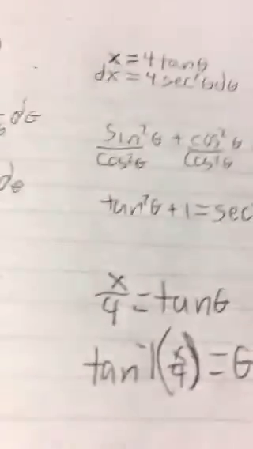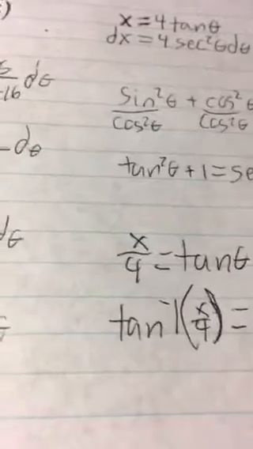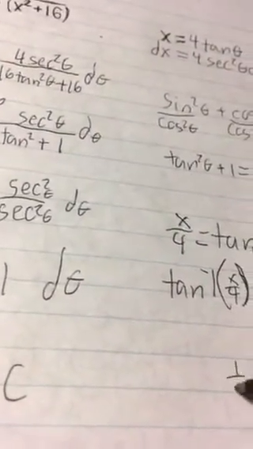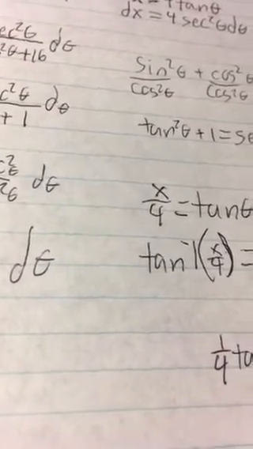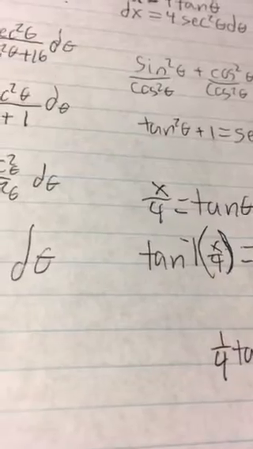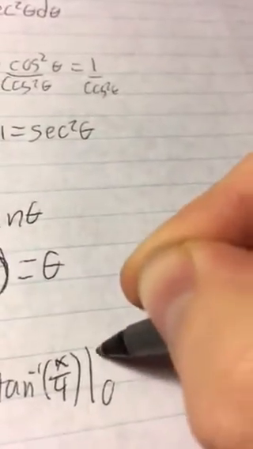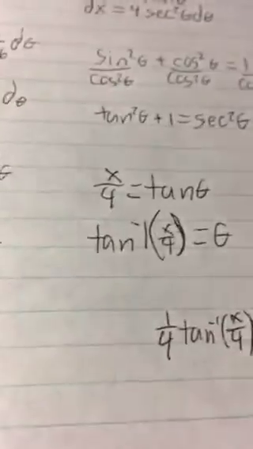So we're going to write the integral 1 over 4 tan negative 1 of x over 4, same as we had over there, from 0 to infinity. If you know the graph of tan negative 1, it looks like this. We have 0, 0.